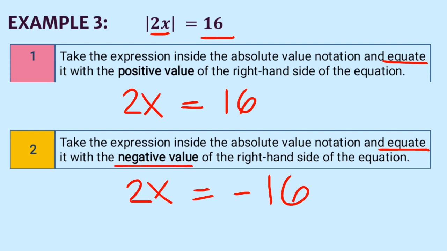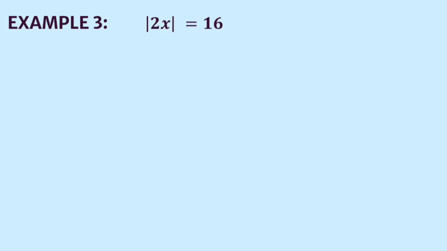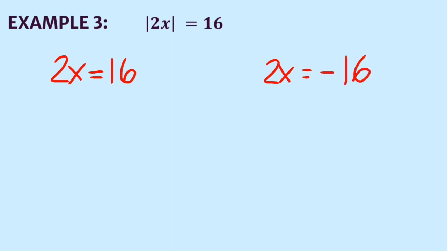Okay, let's rewrite that. 2x is equal to 16 and 2x is equal to negative 16. Now, we have two statements, right? So we have to separate the two statements. This is for statement 1 and this is for statement 2. We have to put or, okay?